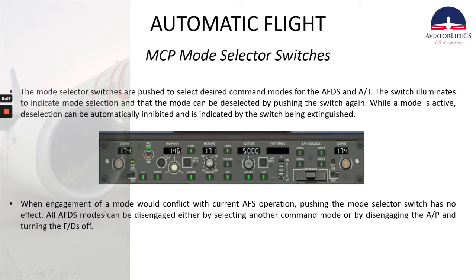When engagement of a mode would conflict with current AFS operation, pushing the mode selector switch has no effect. All AFDS modes can be disengaged either by selecting another command mode or by disengaging the autopilot and turning the flight directors off.